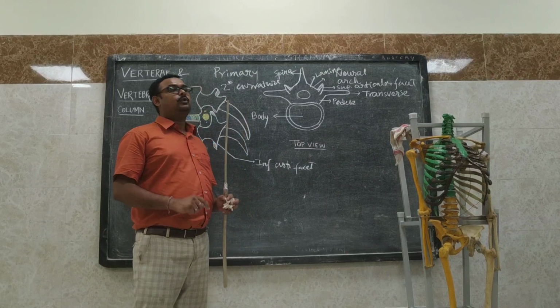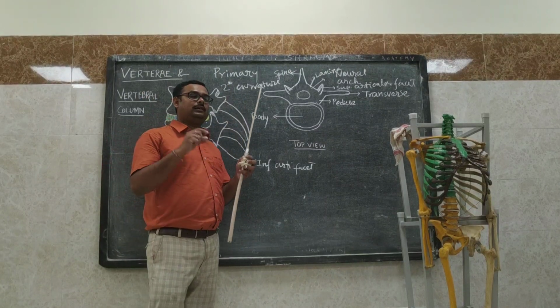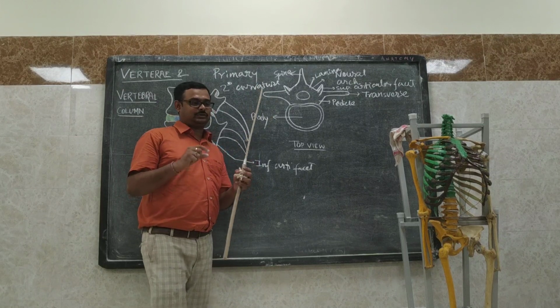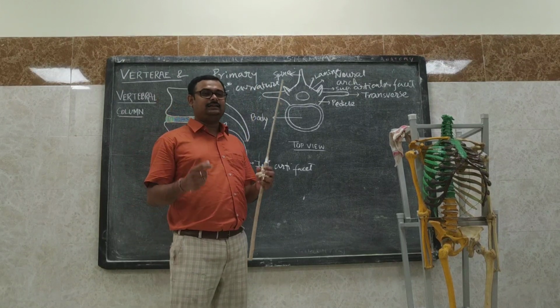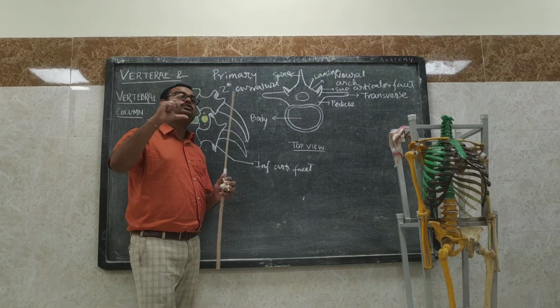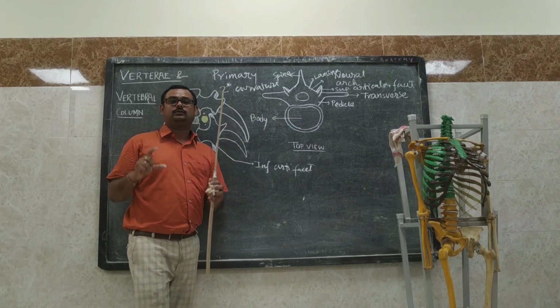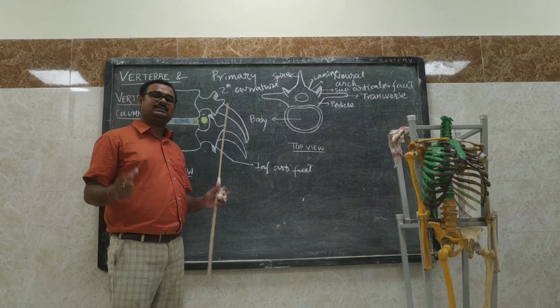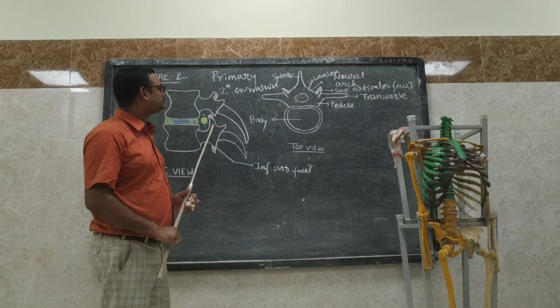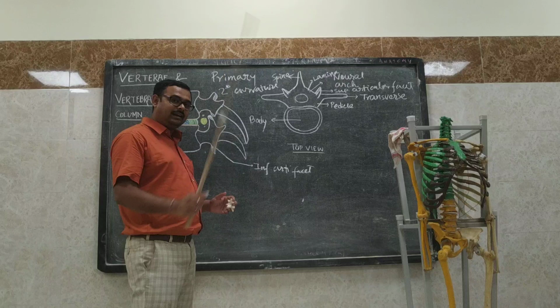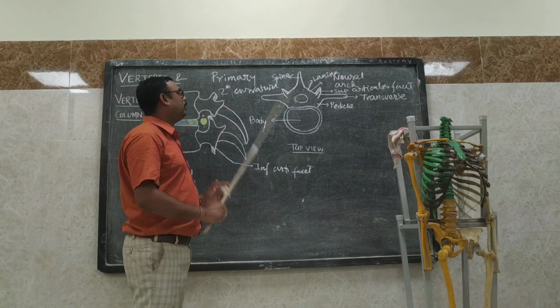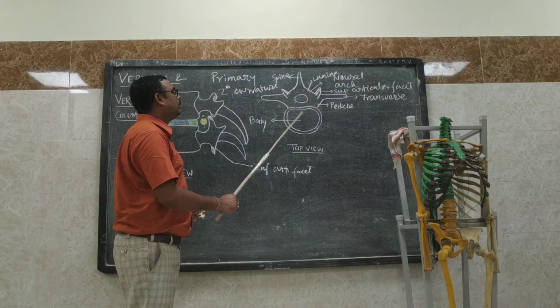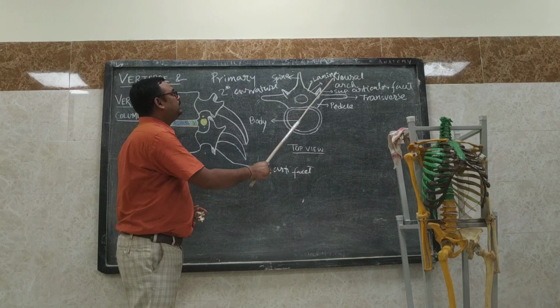Right? Now we can see some changes in features present in individual vertebrae, like cervical, thoracic, lumbar and sacral regions. I will discuss it subsequently. Now, I am again recapitulating that the basic part of a vertebra is composed of a body and the neural arch.